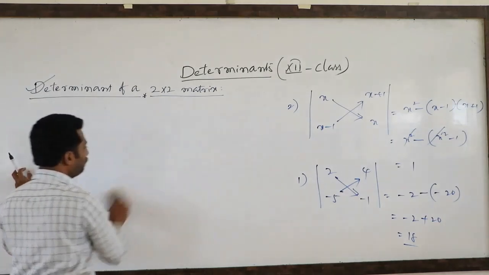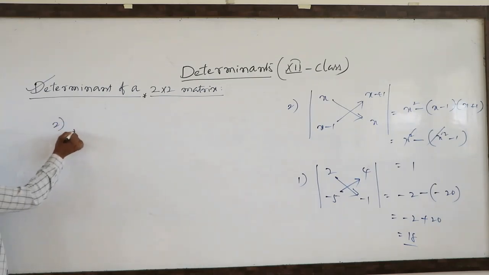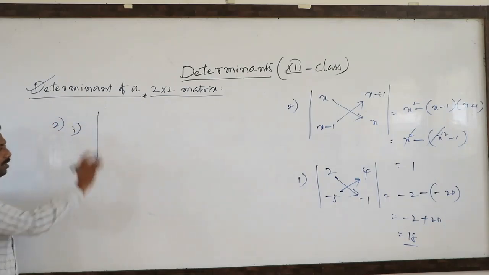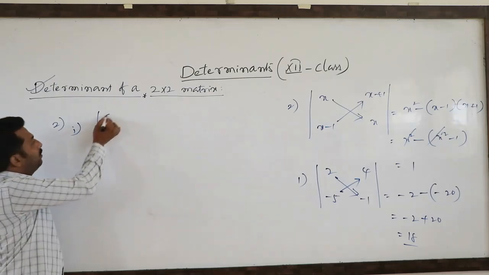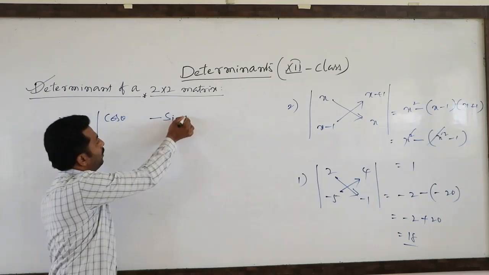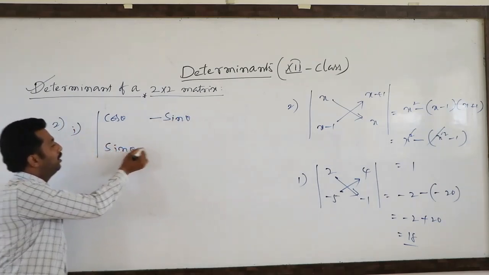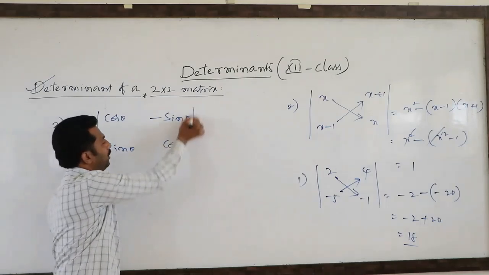Next, if any trigonometric terms are there. Suppose in your exercise 4.1, second question, first bit, you observe. Determinant of cos theta, minus sin theta, sin theta, cos theta.